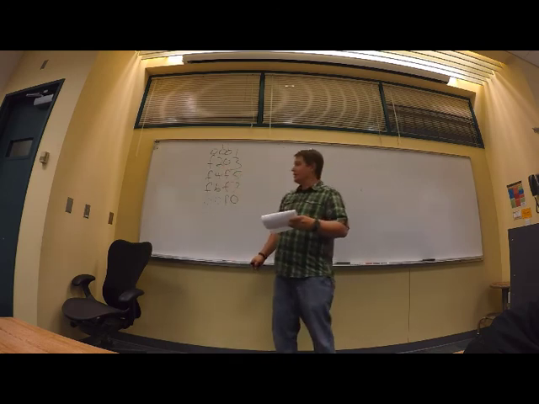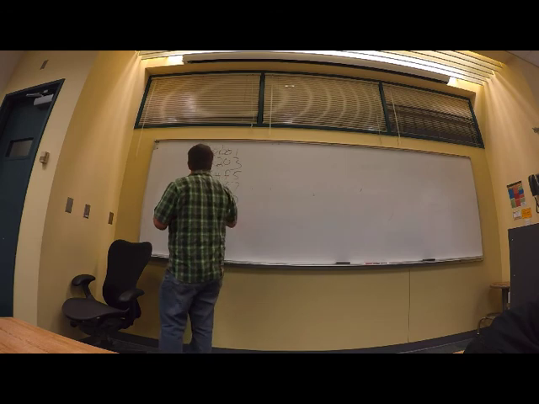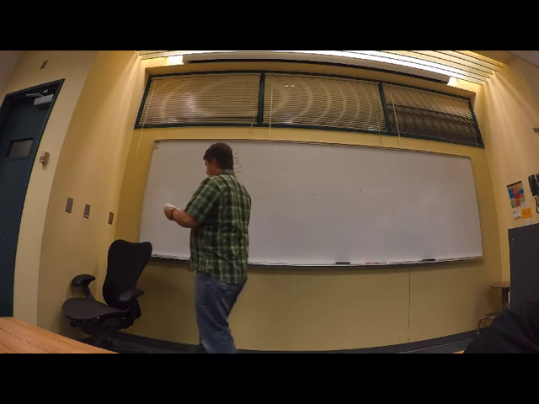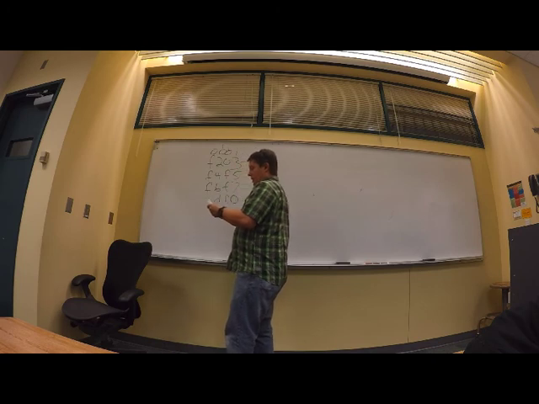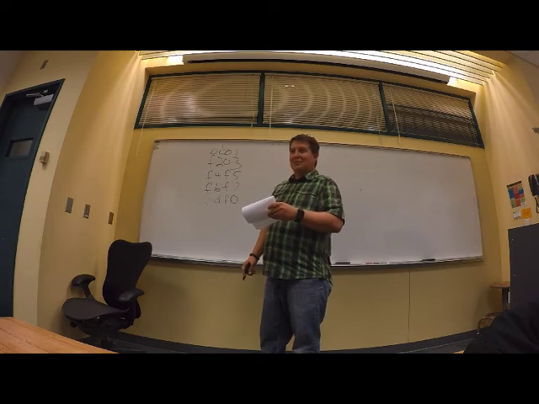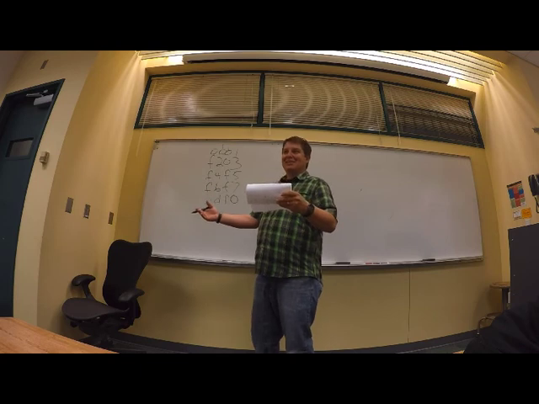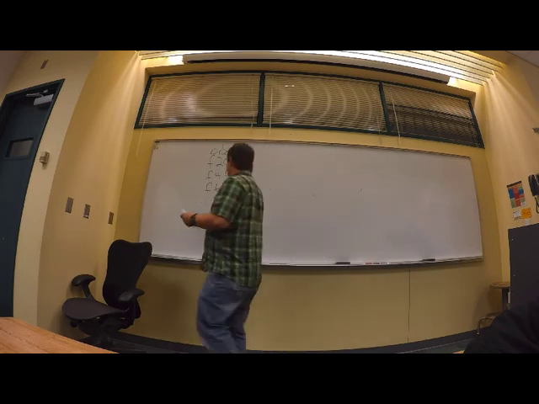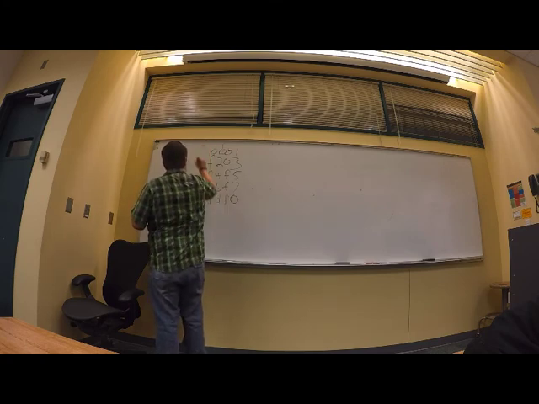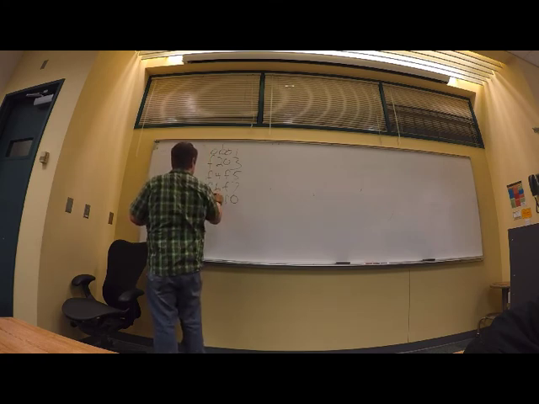Should be D. And then F, F, and F. FF, we already decided that was E, and another F is D. Plus the carry, and we would carry the 2, right? So there'd be a 2 up here.